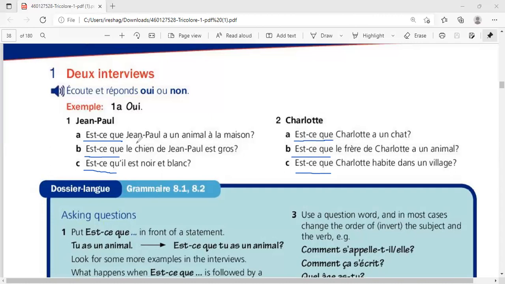If you remove est-ce que: Jean-Paul a un animal à la maison. Jean-Paul has an animal at home. It's a general sentence. What is happening is, to make a general sentence a question, you can add est-ce que at the beginning. Do you agree with me or not?